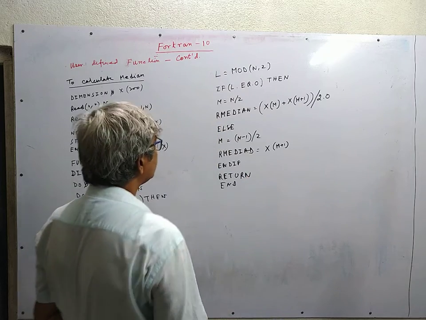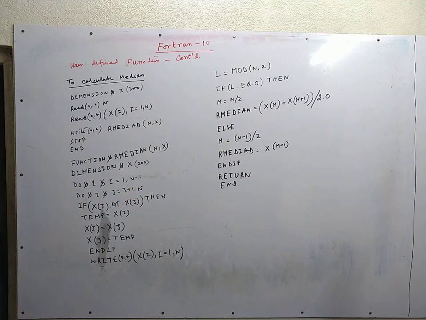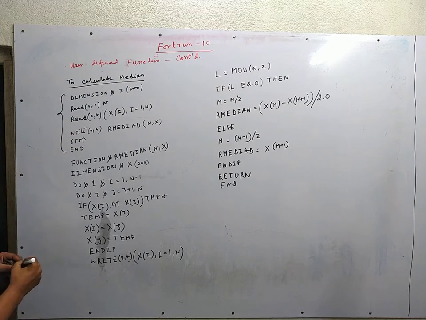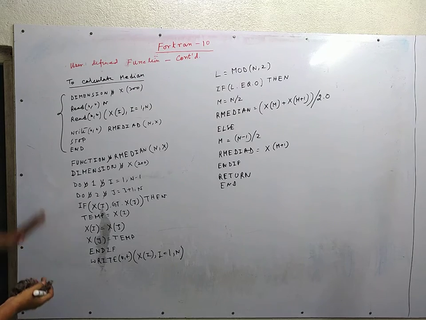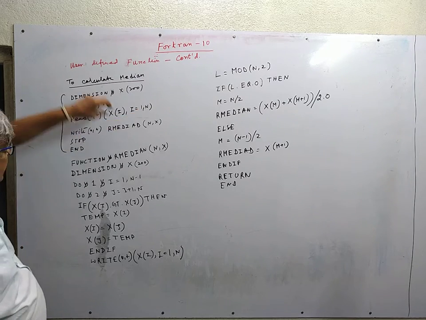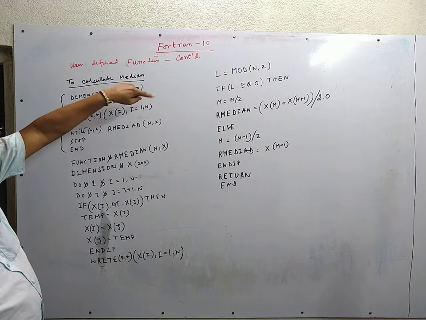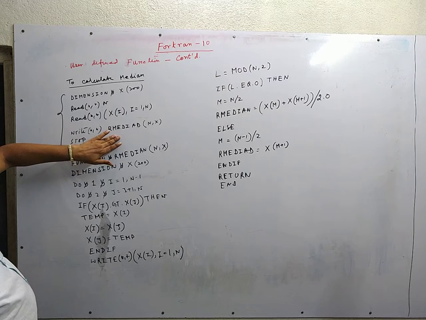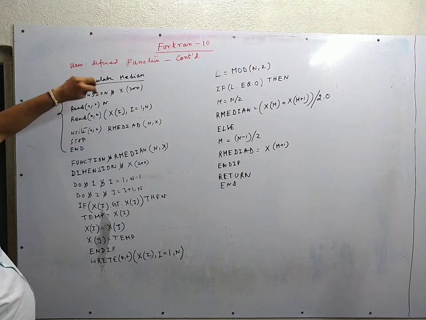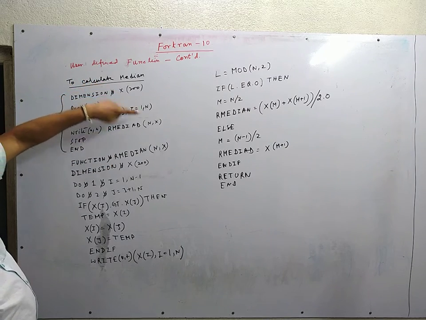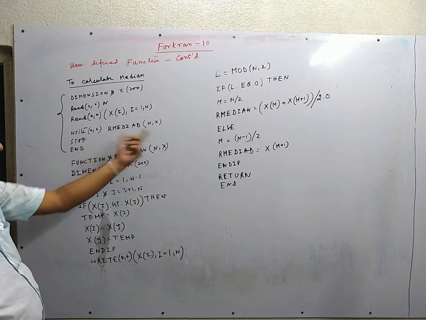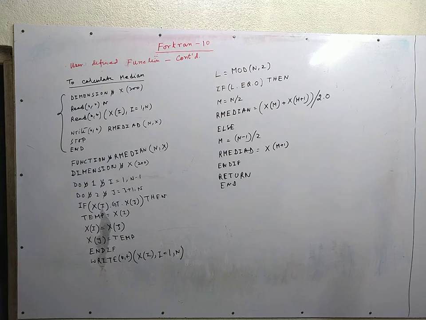This is the working of the program. So what it does, first this main program reads the number of data to be handled and the actual data. Say n is 5, then it reads x1 through x5, and then it calls the subroutine rmedian, which takes n and x as input, and calculates the median there, and the program stops here.